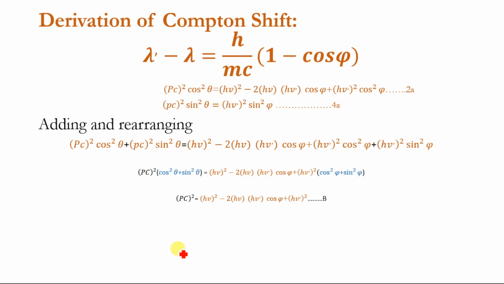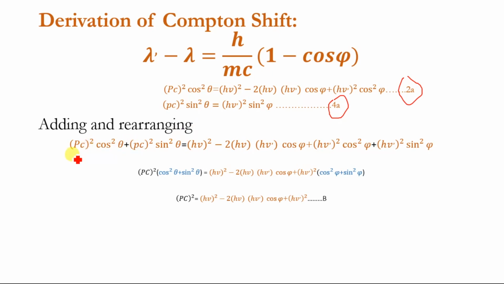Now, adding these two equations, 2a and 4a, this is for the x-axis and this is for the y-axis, we add these two equations and then we will rearrange them.